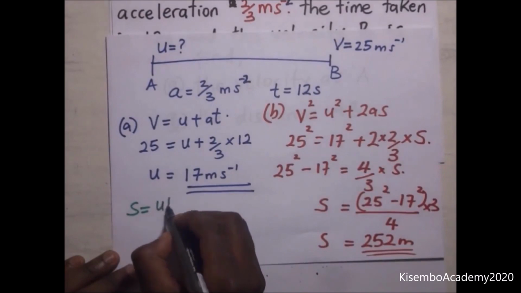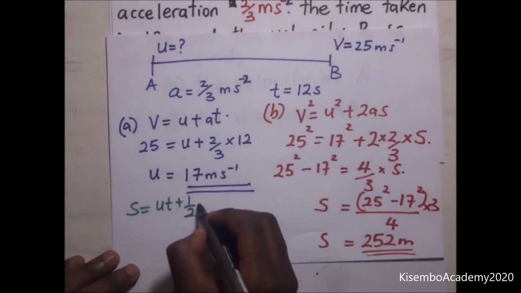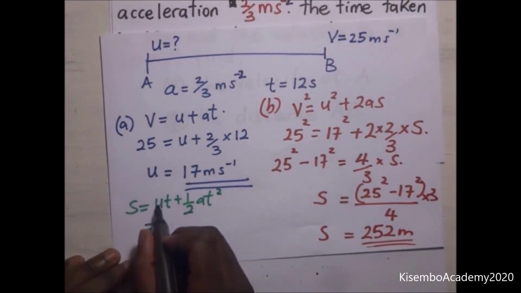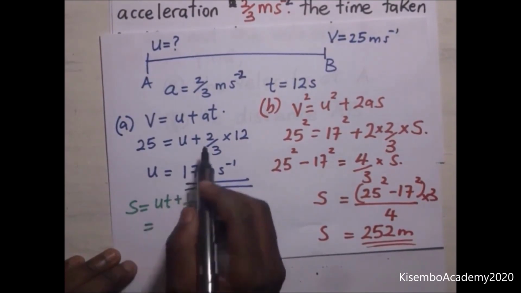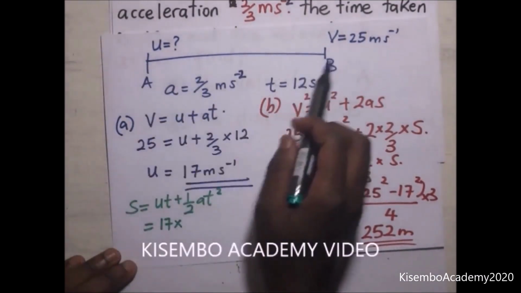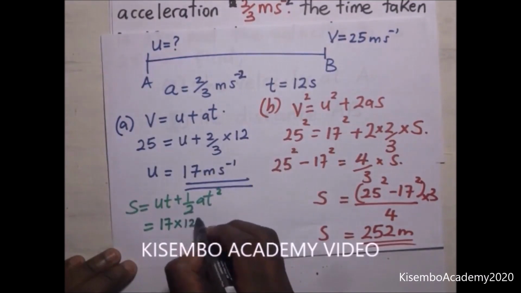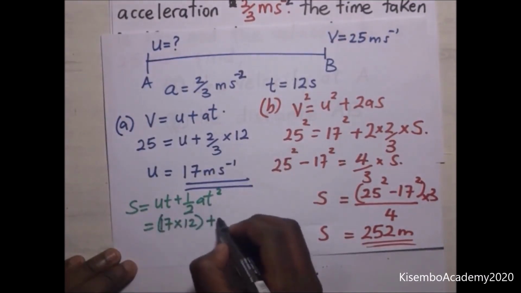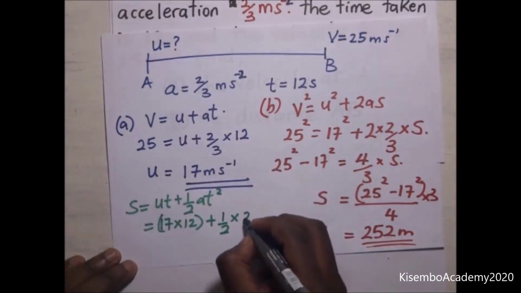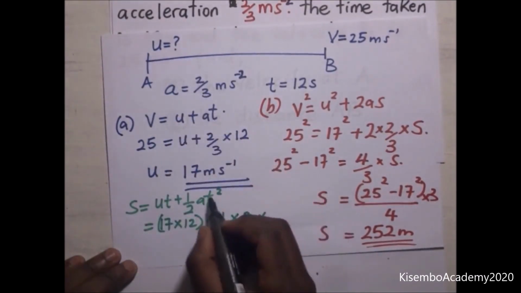S is equal to ut plus a half at squared. Now the initial velocity u is 17. We got it here, so it's going to be 17 times the time. The time taken to move from here to here is 12, times 12, plus a half times the acceleration. The acceleration is 2 over 3 times time squared.